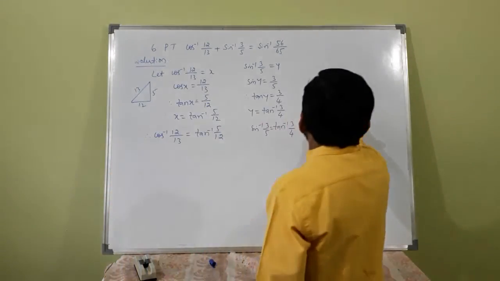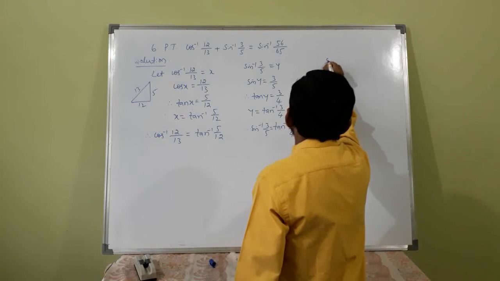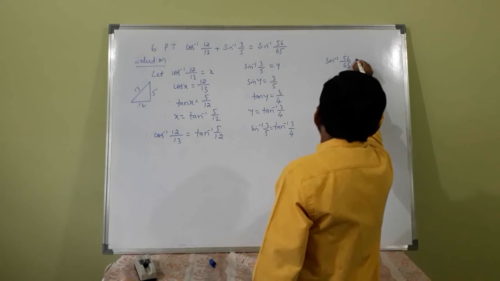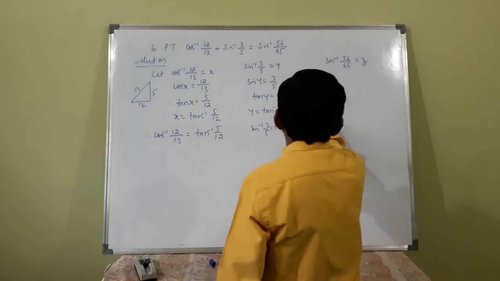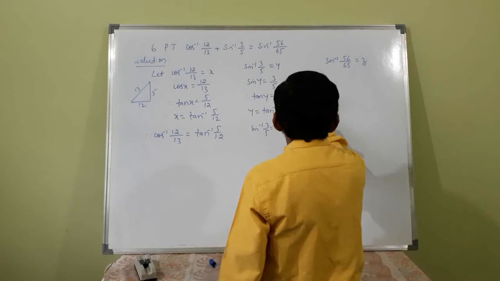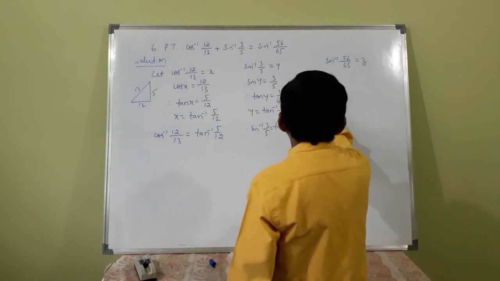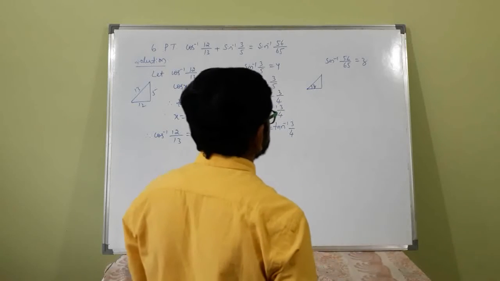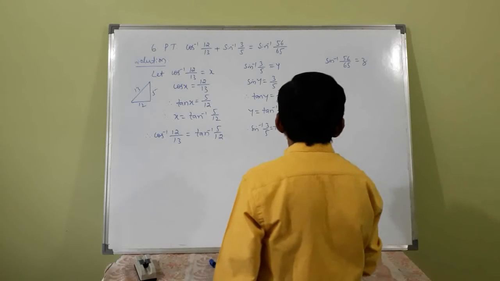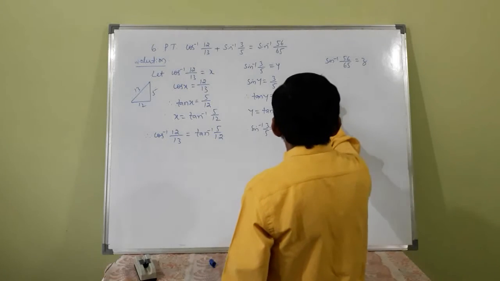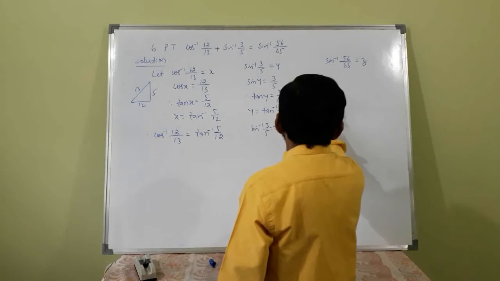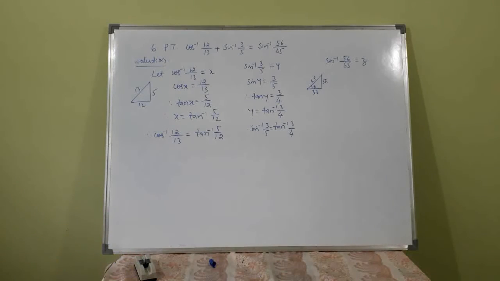Similarly, sin inverse of 56 by 65 is equal to z. In this right angle triangle, suppose this is z, opposite side is 56, this is 65 means 65 is hypotenuse, this should be, is it 33 as in the earlier case, isn't it?